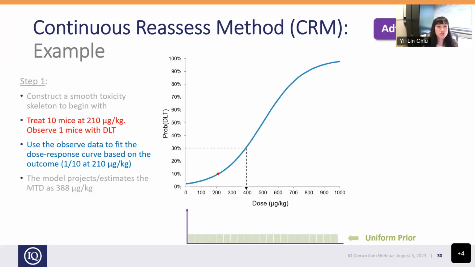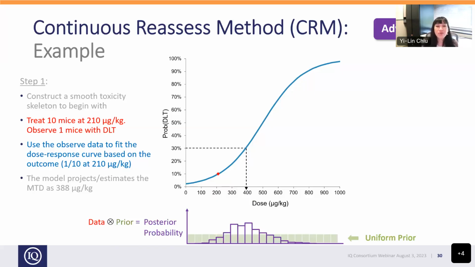Then when we treat 10 mice at 210 microgram per kg, we observe 1, and then we fit the data, right? The model gives us the projected or estimated MTD as 388. Actually, the beauty of the Bayesian, so I know that Tony will go much deeper next time. I'm really looking forward to his presentation regarding Bayesian analysis.